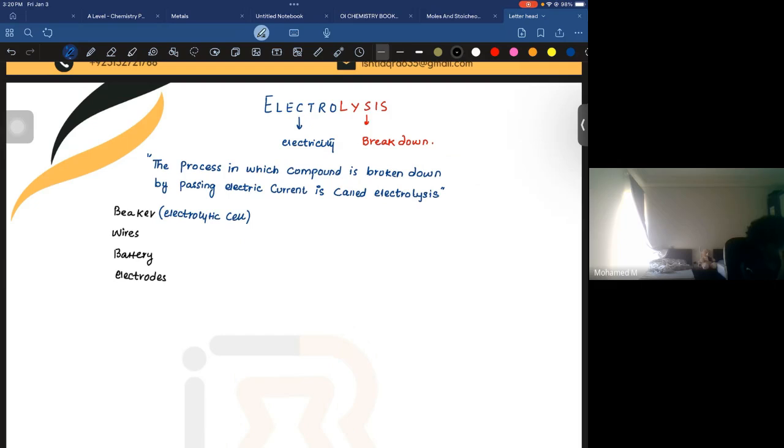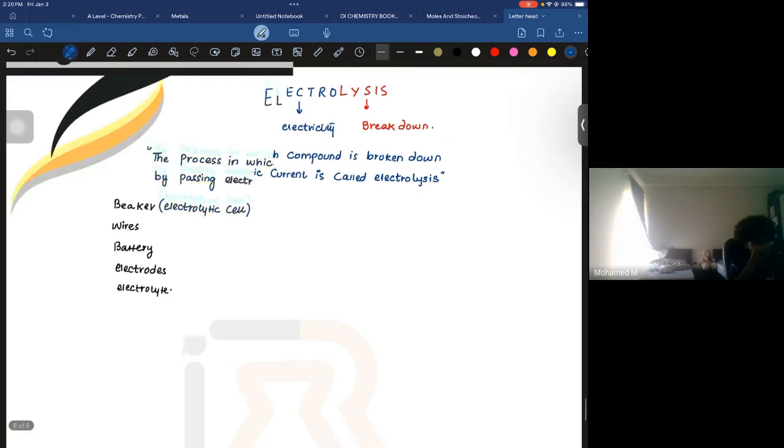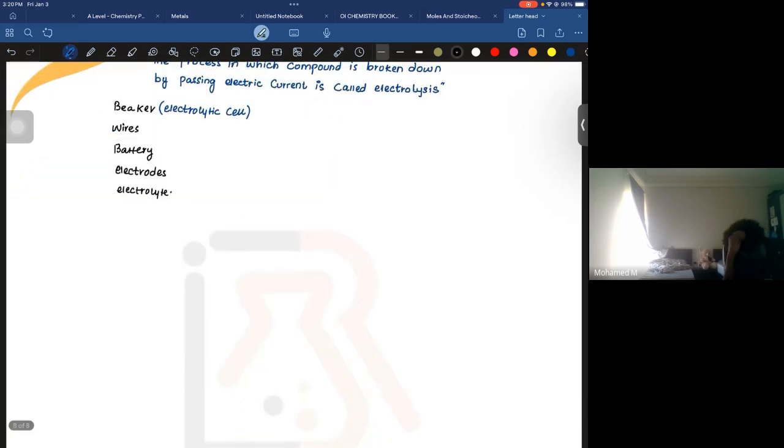Also we need electrolyte. If we have these things, we would be assembling them all together, and then we would be doing electrolysis basically. So how can we assemble this?